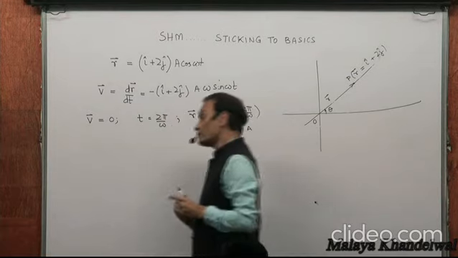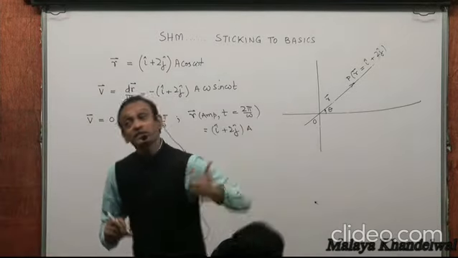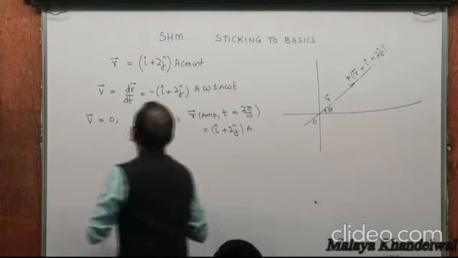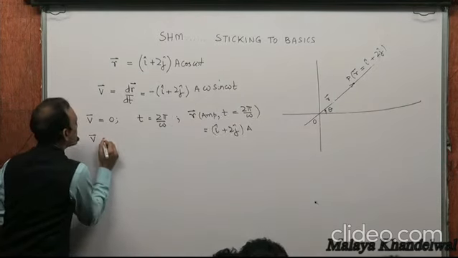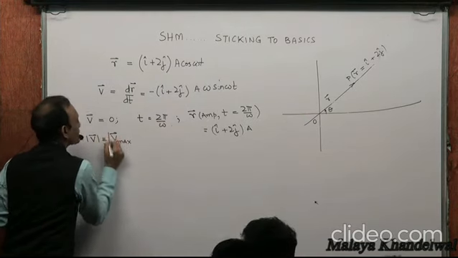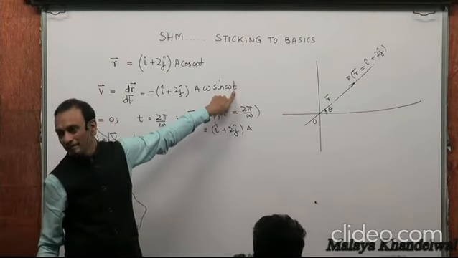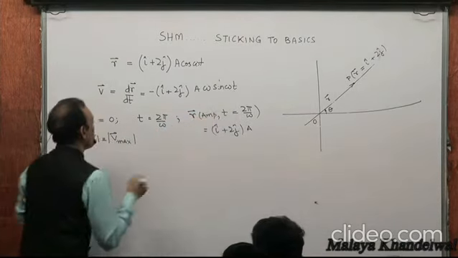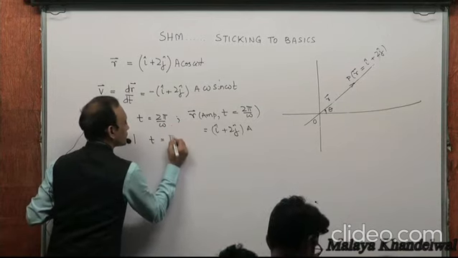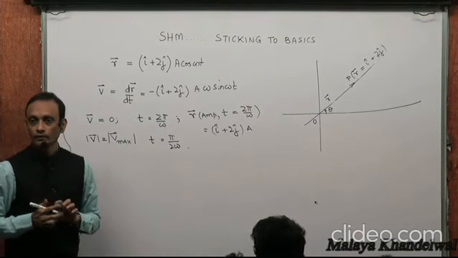Also, velocity will be maximum at the mean position, right? So velocity is v max. Speed would be maximum. Realize when t is pi by 2 omega, for example, right?